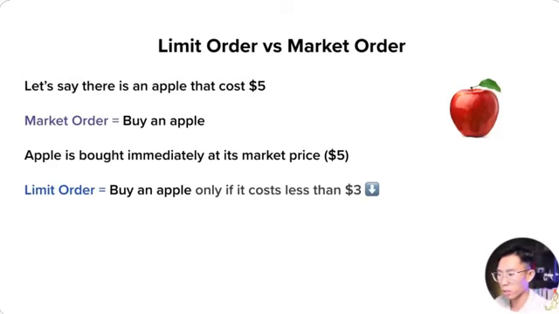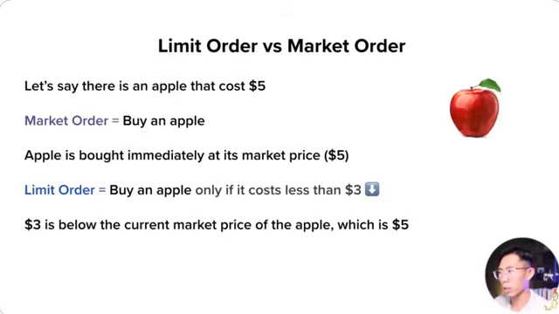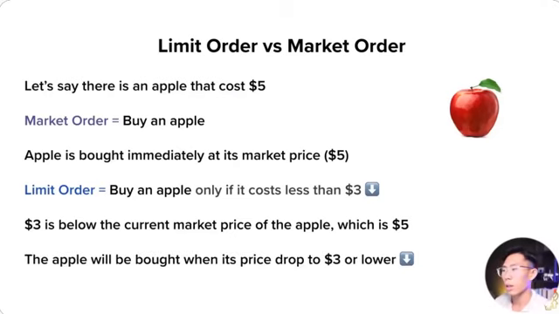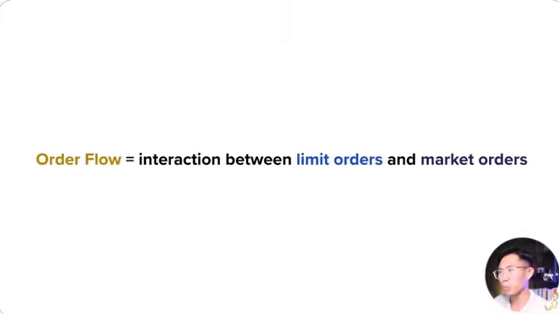That means $3 is below the current market price of $5. In that scenario, I only want to buy when it's at $3, but right now it's not at $3 yet. So I will wait until the price of the apple drops to $3, then I will get in for the order. That is essentially what a limit order is. The apple will be bought when its price drops to $3 or lower.